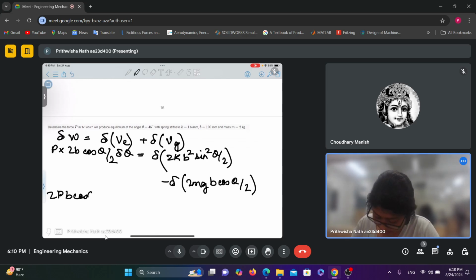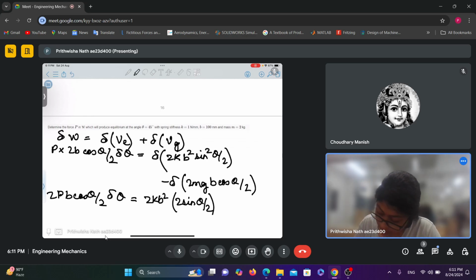2pb cos theta by 2 delta theta equals to 2kb square into 2 sin theta by 2 cos theta by 2 into half delta theta.